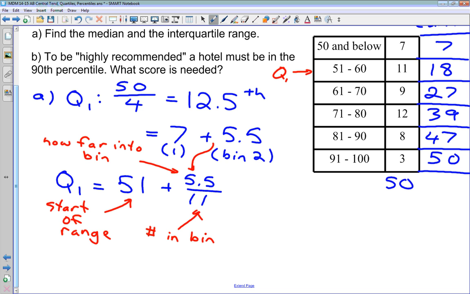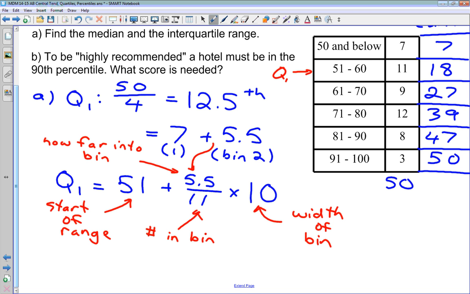And then we want to multiply this by how wide the bin actually is. So let's say the width of the bin. Okay. So our 12.5th number is 5.5 numbers out of 11 into that bin, which has a width of 10, and has a starting value of 51.